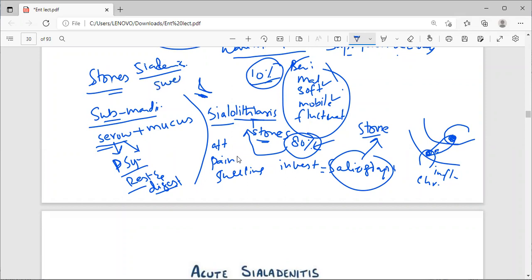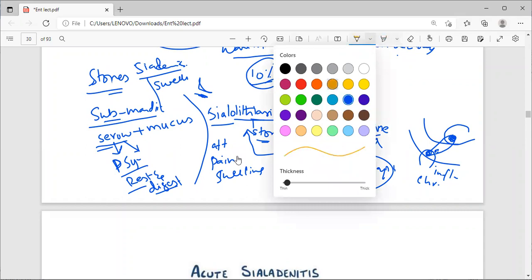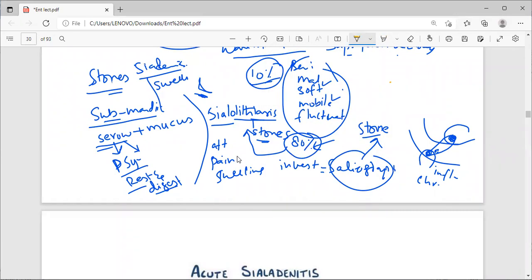Whenever you come across a swelling, let me change the color. Whenever you come across a swelling, now I'm talking about sialadenitis, which is inflammation of the salivary gland, the patient will experience redness, swelling, and pain in the mouth.